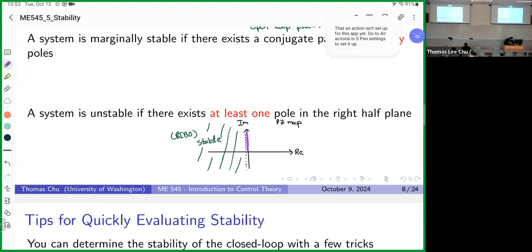This imaginary axis is our border for marginally stable. And then this red side here is unstable.